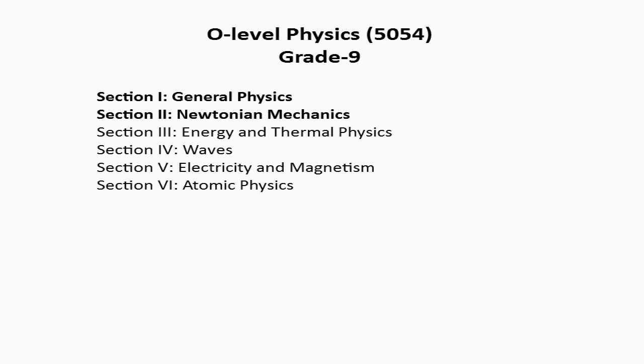But as I told you, in grade 9, which is basically O1 grade, in grade 9 physics we study only 2 sections. Section 1, which is general physics, and Section 2, which is Newtonian mechanics.